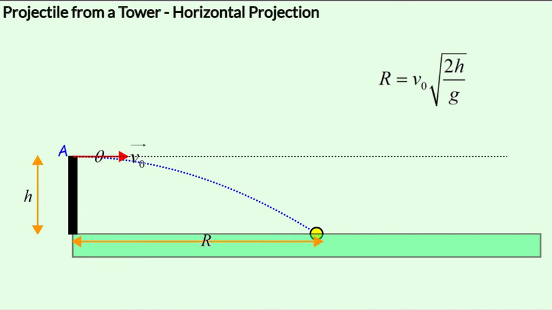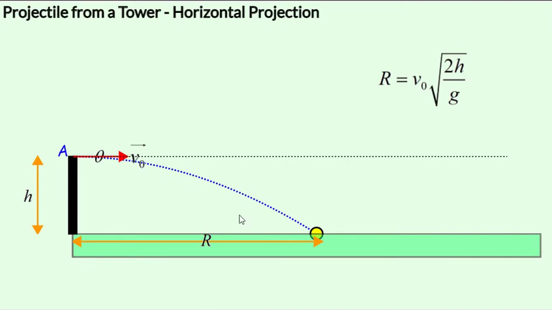If we need to compute the range, then we fall back on the concept that the x component of velocity remains constant throughout the flight. The projectile is launched horizontally with a speed of v0 and it continues with the same x component of velocity throughout its flight, as there is no acceleration in the x direction.